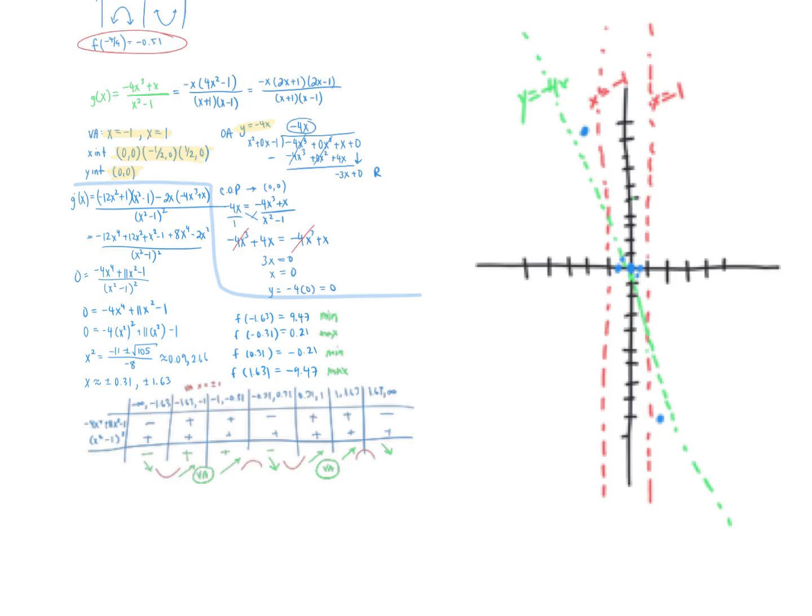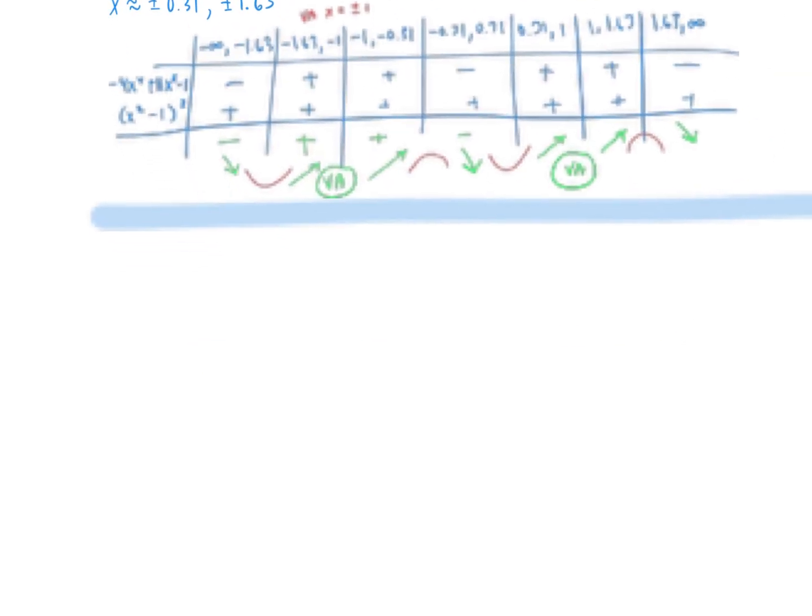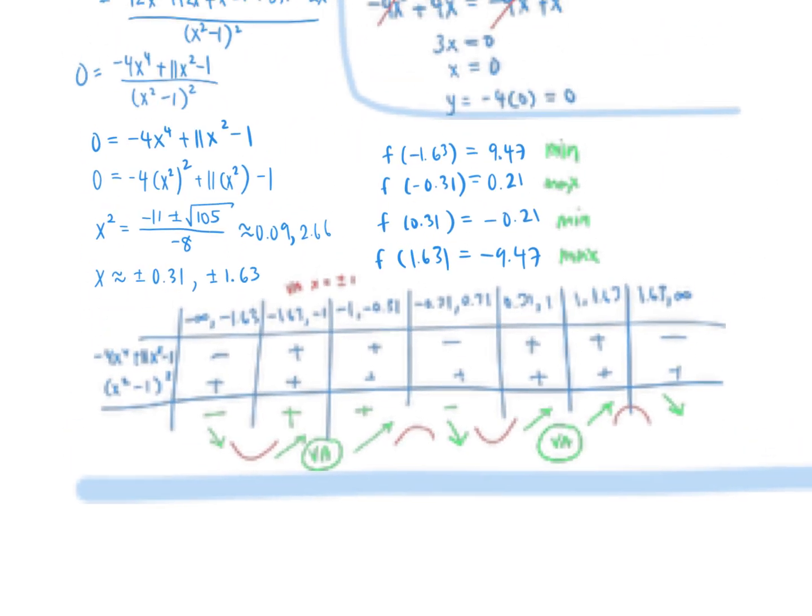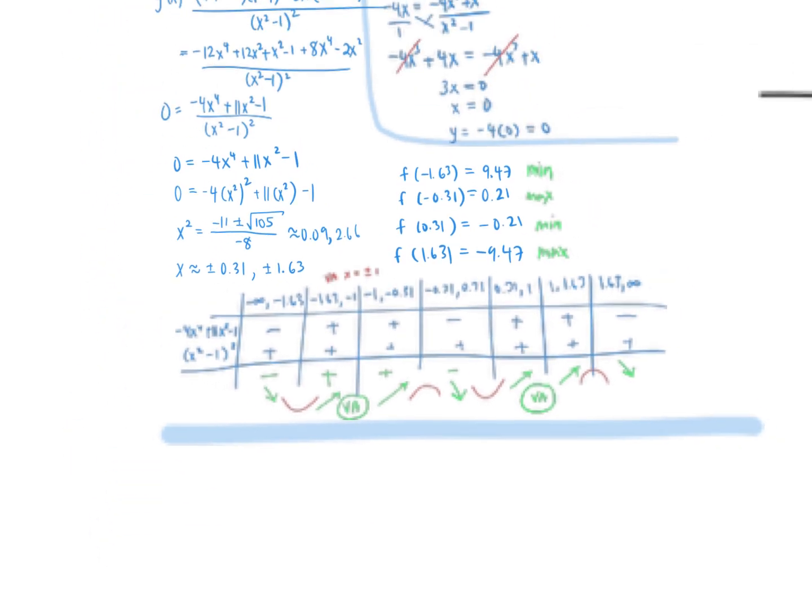So good shape here, but I am going to do that second derivative test to see if I can get a little bit more information. All right. Okay, so let me just write that derivative here so I don't have to go up and down.